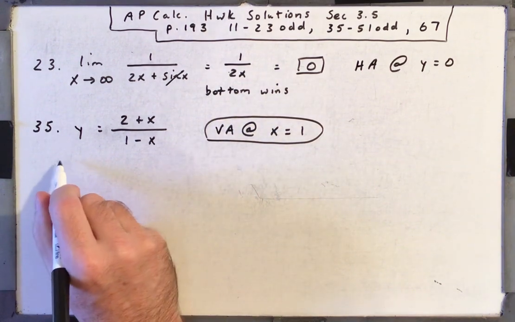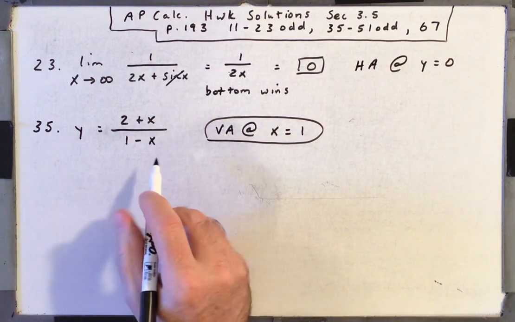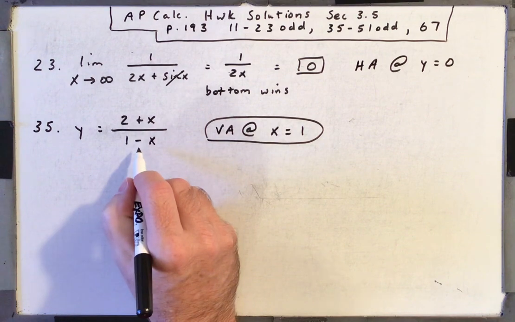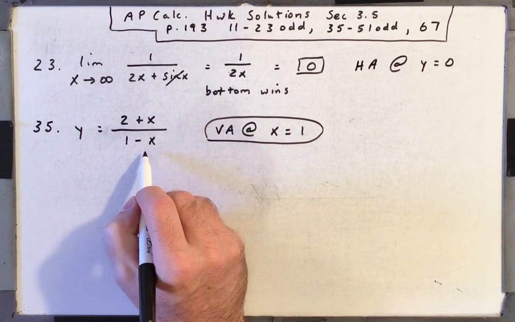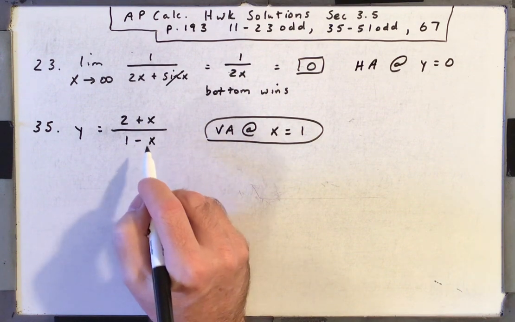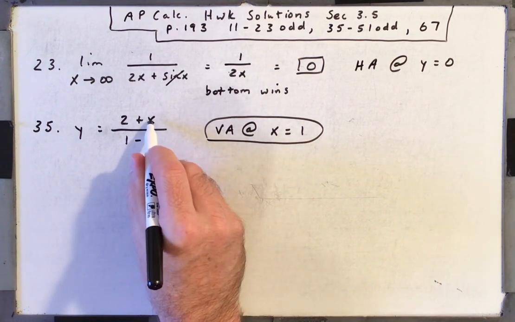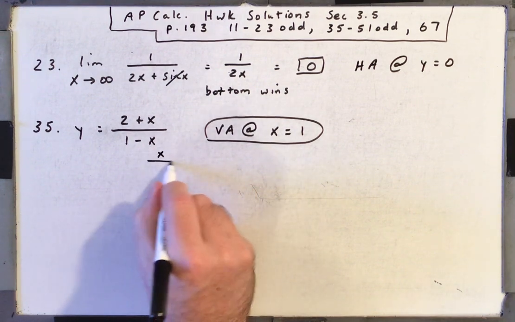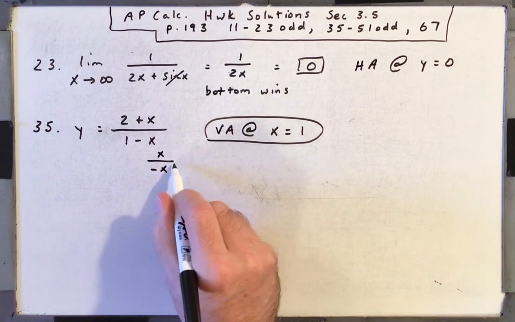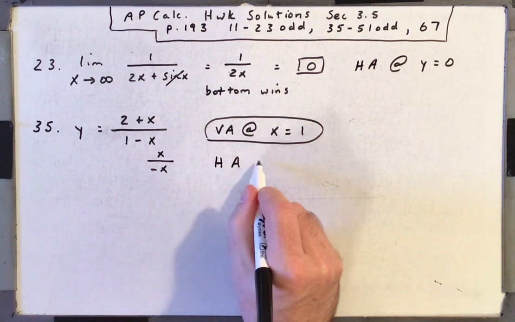Now for the horizontal asymptote, you can go through the limit process, but we can just eyeball this. The highest power for the horizontal asymptote, we have x over negative x, right?